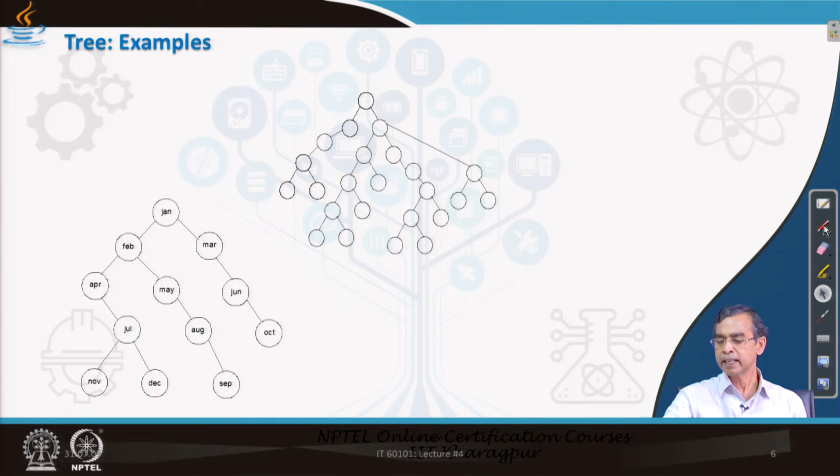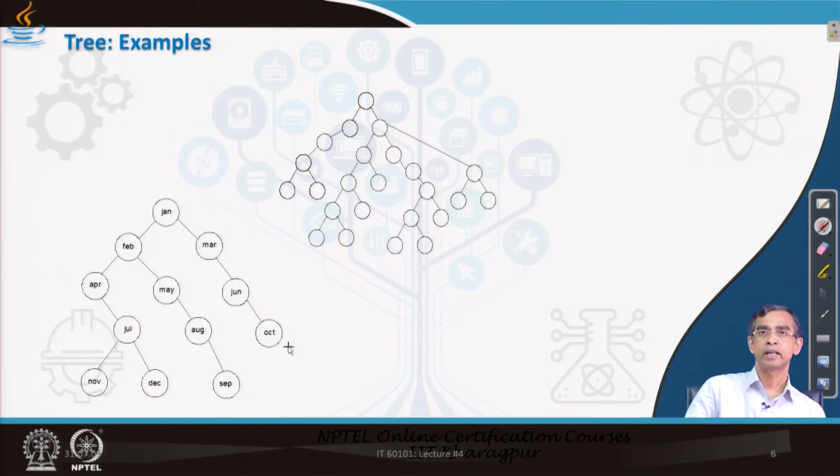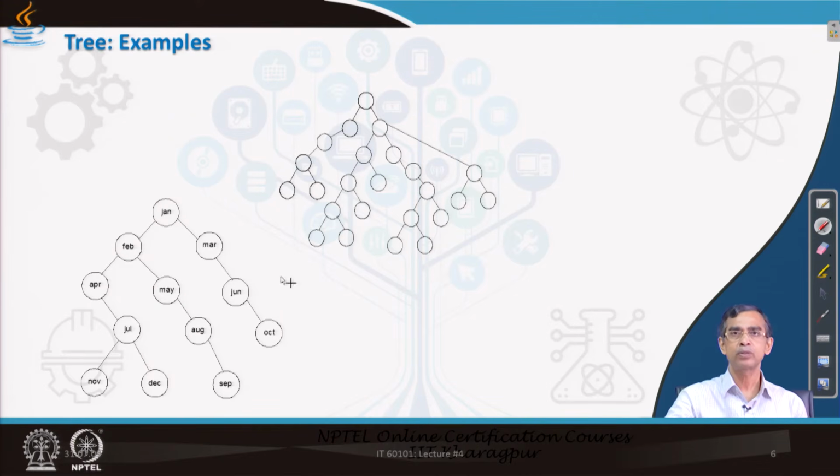Yes, this is another example, and you can see this tree stores information, and here we have stored the different months of a year. For these different months we can store other elements as well, and this is a particular example, you can find the difference between the two.